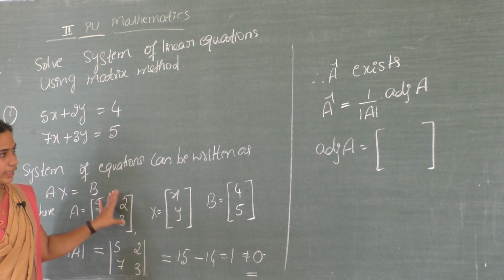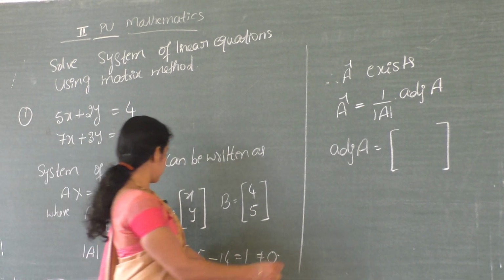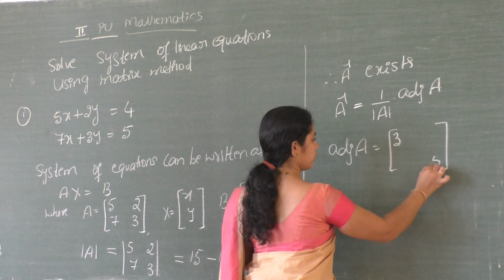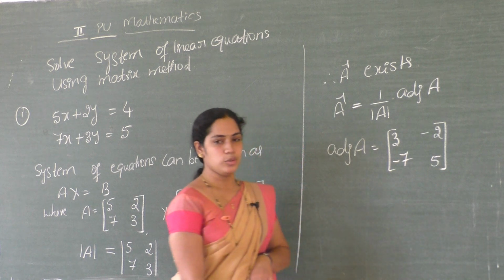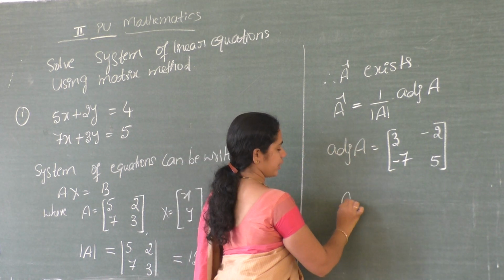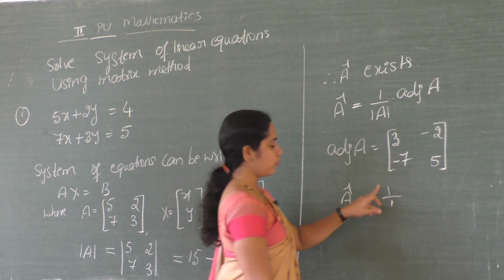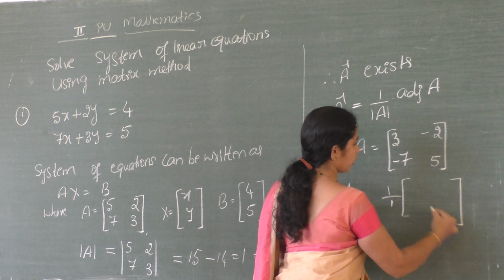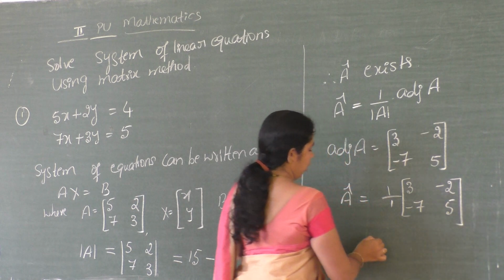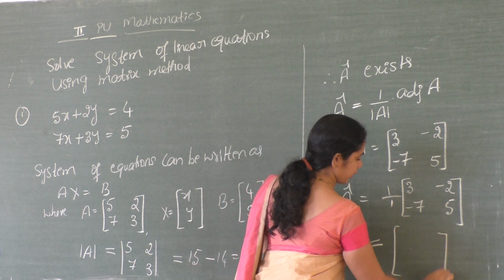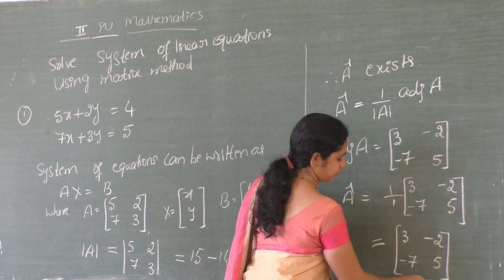For 2 cross 2 matrix, adjoint of A can be written as, reverse the diagonals, 3, 1, and minus 2, minus 7. Now we'll write A inverse. A inverse equal to 1 by determinant of A into adjoint of A.